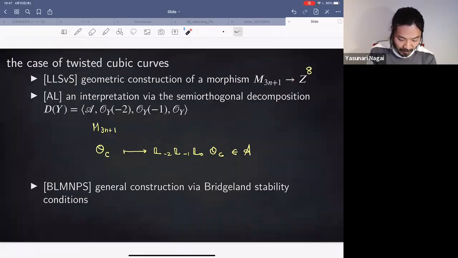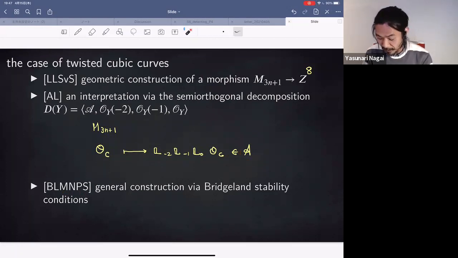And of course, I have to remark that there is the work of Bayer, Lahoz, Macrì, Nuer, Perry, and Stellari. All these people worked really hard to get the general construction of Bridgeland stability conditions on this Kuznetsov component.